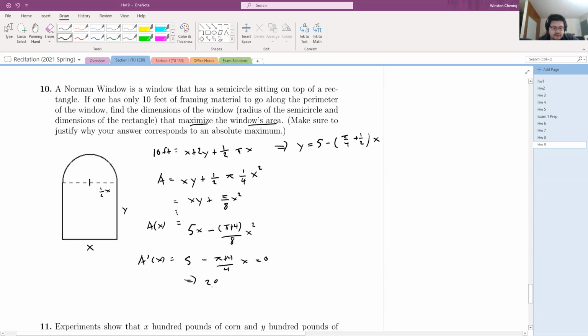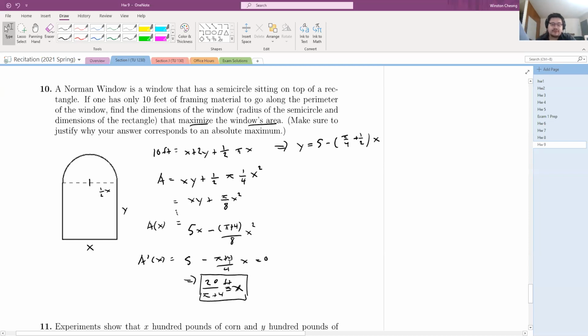Solving that is going to give me 20 over pi plus 4 is equal to x feet. Yeah, so this is what we would claim to be, well, this is the critical point that we get, and naturally what we would think is this should correspond to maximizing. We just have to argue that that is the case.